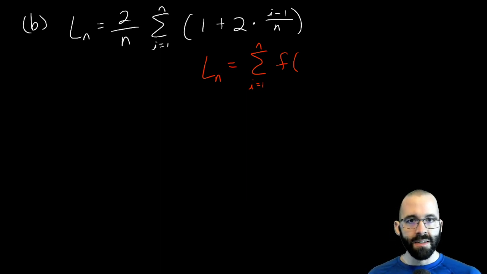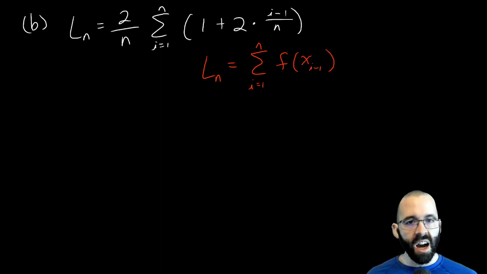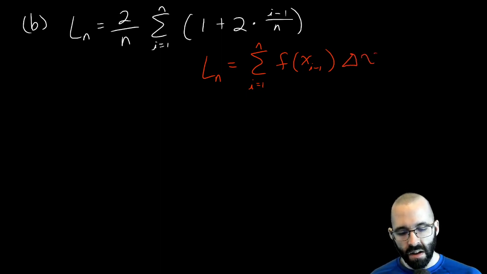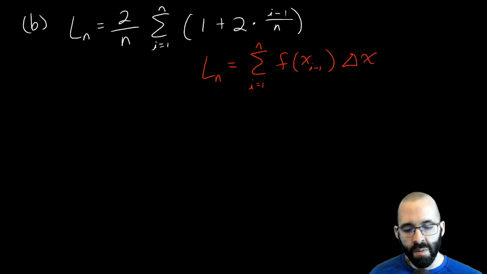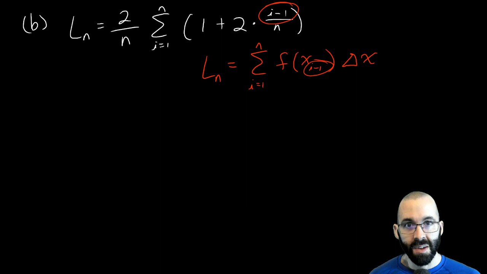Now, for any Riemann sum, we have x sub i star. It doesn't matter where in the subinterval we are. But if we're specifically a left endpoint, then it's going to be at the i minus 1th x location, delta x. So this is one way to make things maybe a little bit easier, because for left endpoints, you're going to see this similarity here.